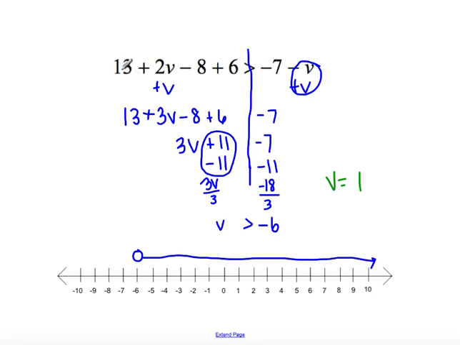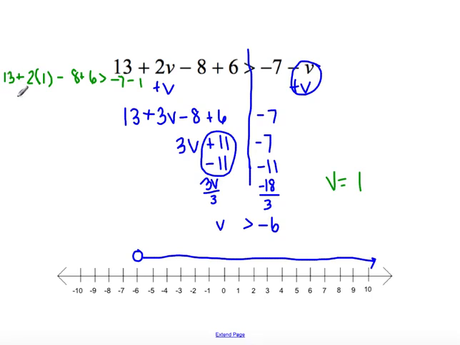So if we have 13 plus 2 times 1 minus 8 plus 6 is greater than negative 7 minus 1.